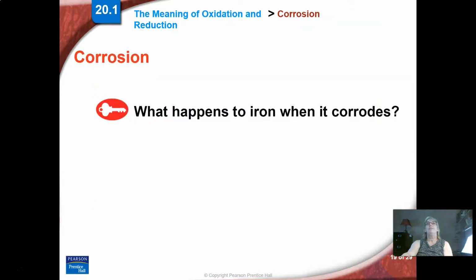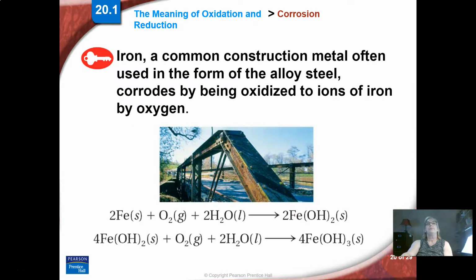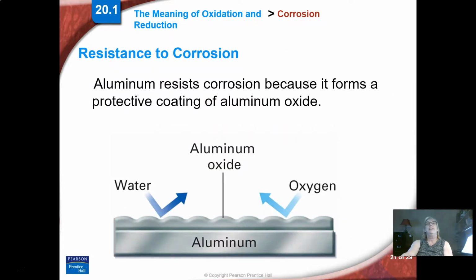And let's look at corrosion. We were showing that on the card at the very beginning. Iron is really easily oxidized. This is what's happening with the iron. It's reacting with water and oxygen and doing a redox reaction. Aluminum is more resistant to oxidation.